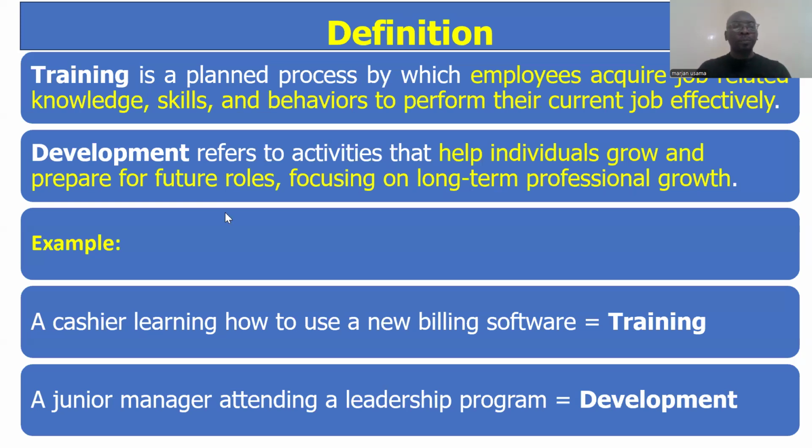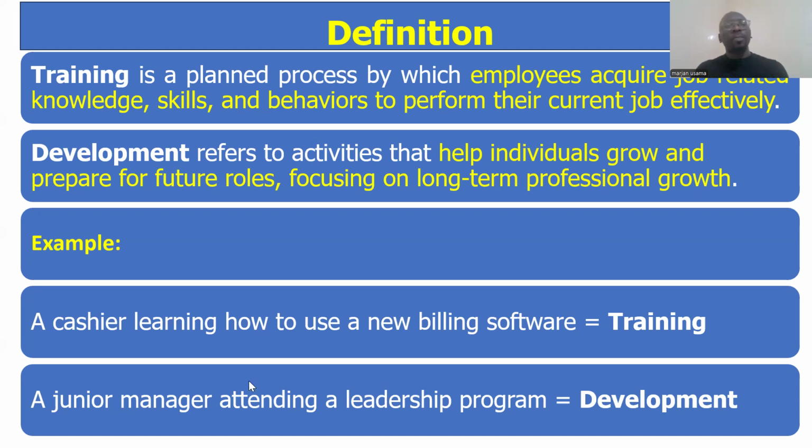So for example, a cashier learning how to use a new billing software, that is training. Maybe you are in a company and there is a new software. When employees are gaining the skills of how to use the software, then that is training.